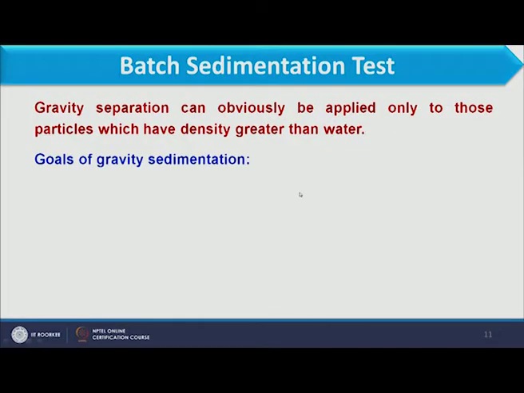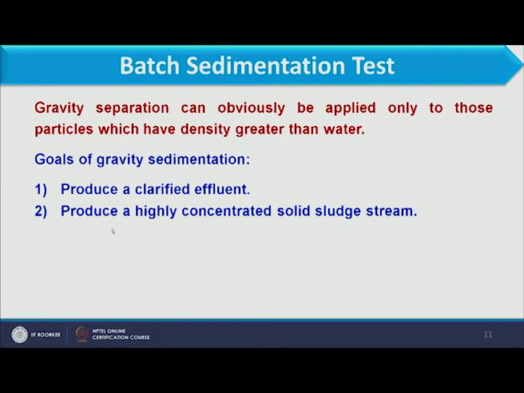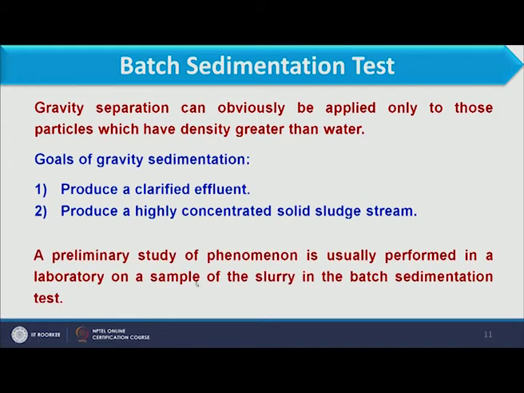The goal of gravity sedimentation is, first, to produce clarified effluent, and second, to produce a highly concentrated solid sludge stream. A primary study of the phenomena is usually performed in the laboratory on a sample of slurry in the batch sedimentation test. So here we are going to discuss what is the batch sedimentation test.